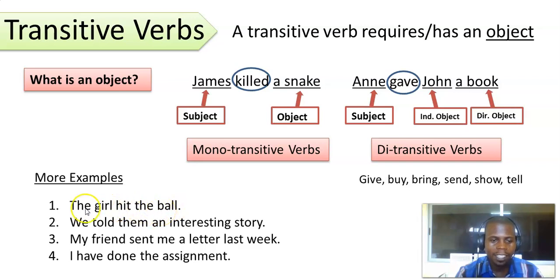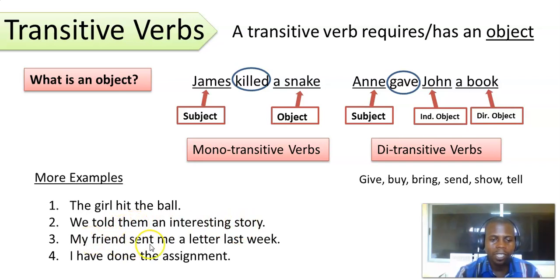What did the girl hit? It's the ball, so this is the object. We told them an interesting story. Told is the verb here. Them is an object, an interesting story is another object. An interesting story here is a direct object, while them is an indirect object.